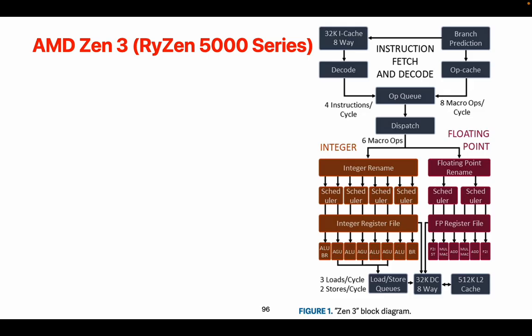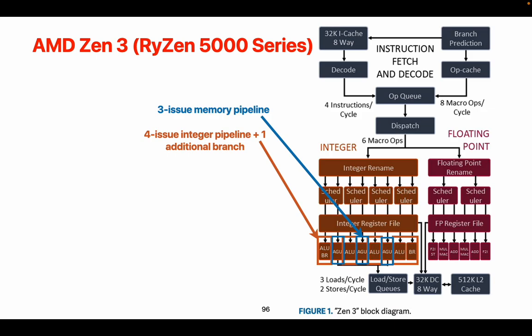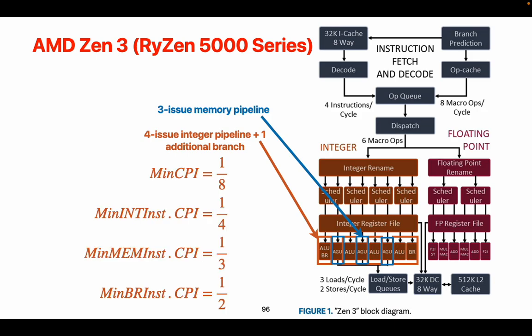It's the same thing for AMD's Ryzen processor. They have a 4-issue integer pipeline plus a 3-issue memory pipeline. So the minimum CPI is actually 1/8, if you can optimize it further.